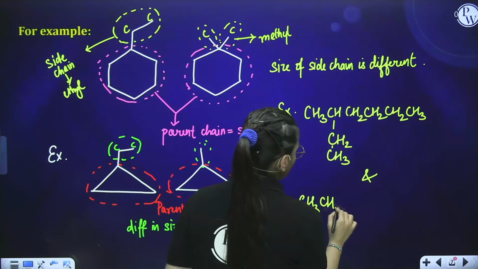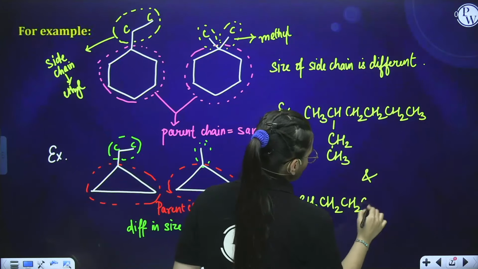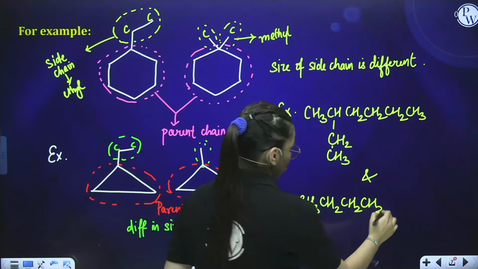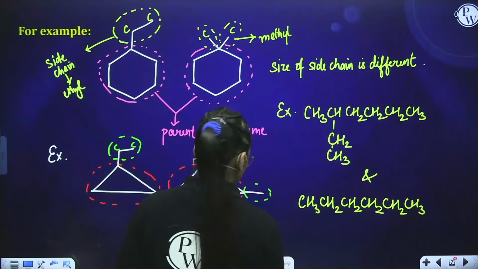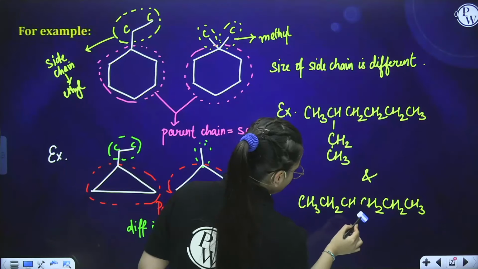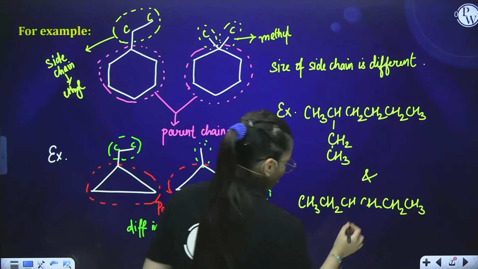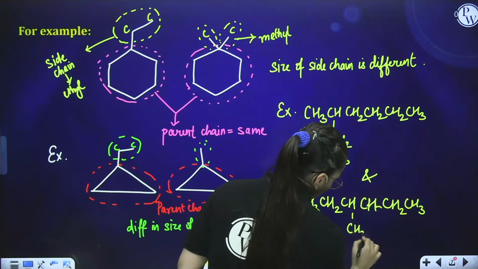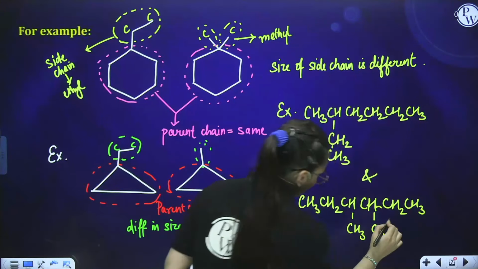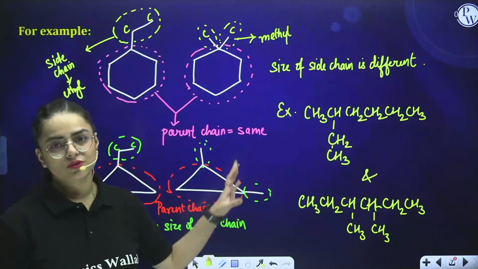I'm taking a parent chain of size 6 just to make you understand. Now students, let us see both of these examples.